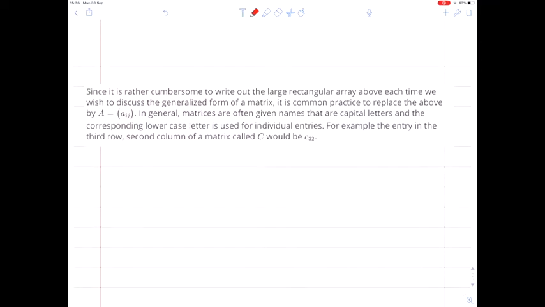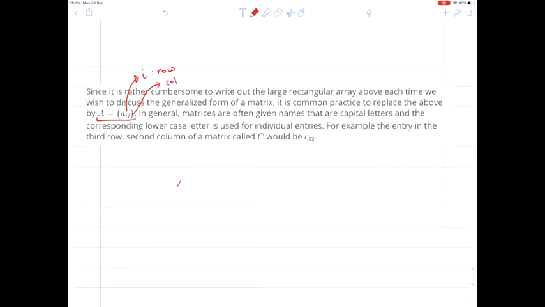So it's rather cumbersome for us to continually write out all these huge matrices. So it's common practice, instead of writing the whole thing out, to abbreviate a matrix like this. What this says is our matrix A consists of elements of the form a sub ij, where i tells you the row number and j tells you the column number.